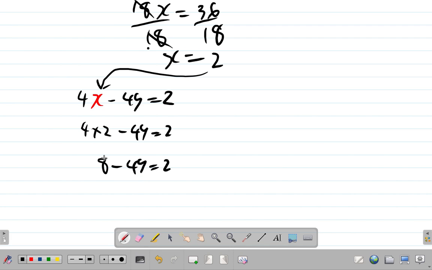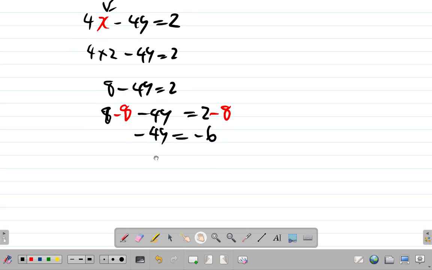Now, subtract 8 from both sides. So we have 8 minus 4y equals 2, minus 8 from here and minus 8 from here. 8 minus 8 is 0, so I have negative 4y equals 2 minus 8, which is negative 6, right?